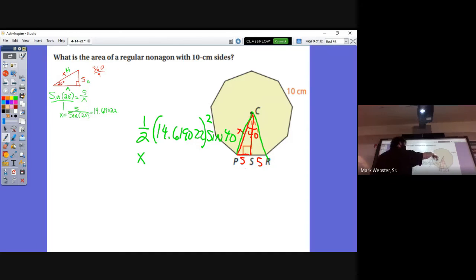And then there's 10 of these, right? Nonagon, I apologize. There's 9 of these. So you just take the number that you've got, that's what you get when you plug that in the calculator, right? This thing. So now we just multiply that by 9. Again, I haven't done anything but put it in the calculator.